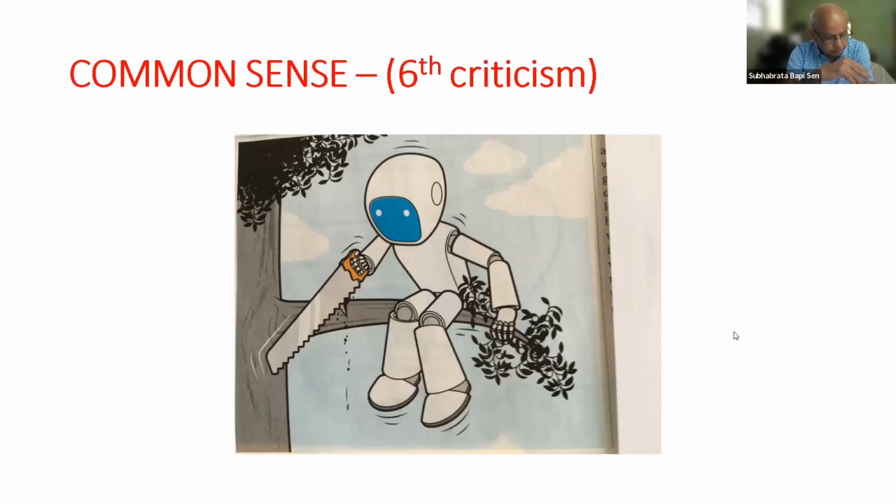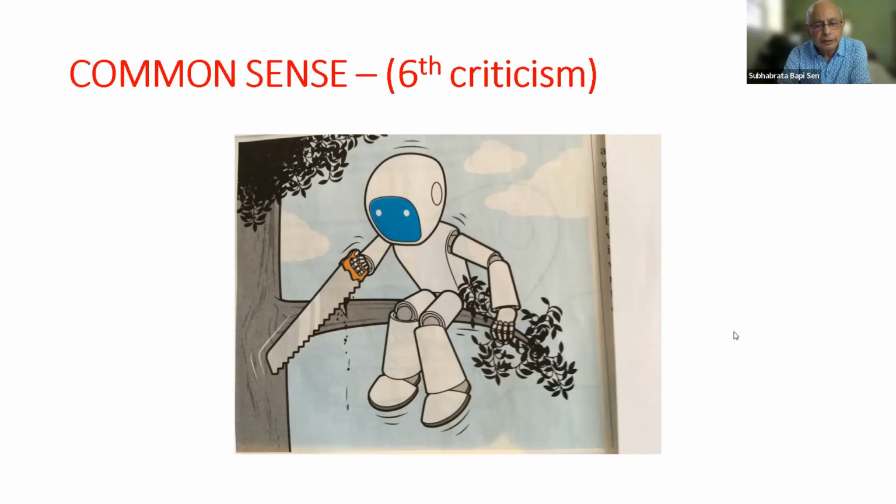The sixth criticism is common sense. For instance, you can see here AI might be able to produce some understanding of the situation, but the high-level things might not be good enough.